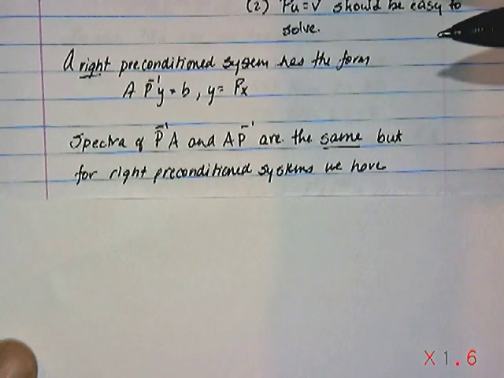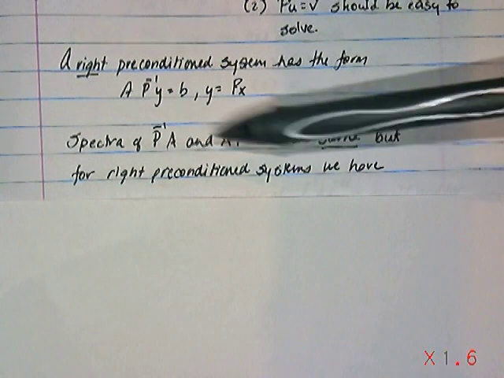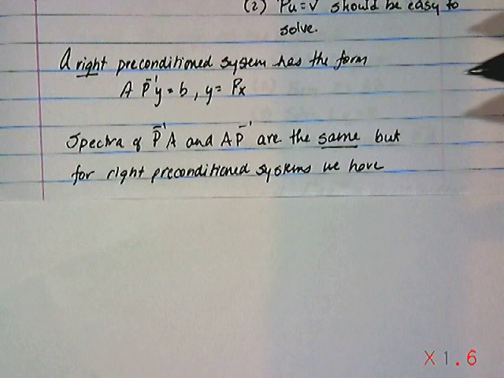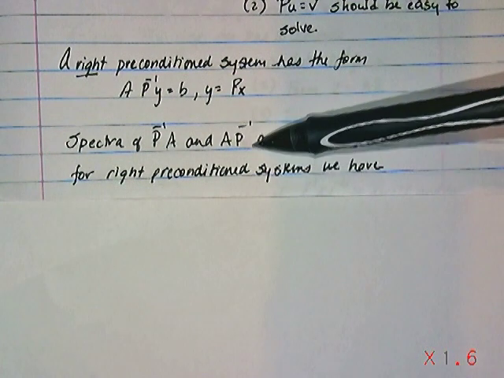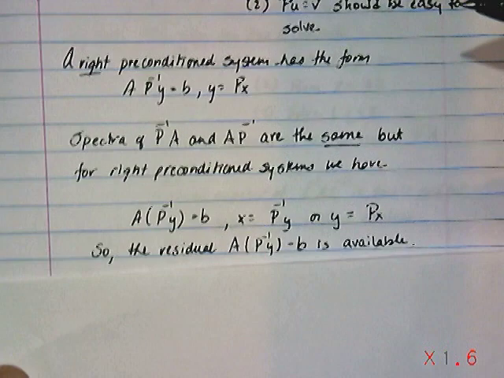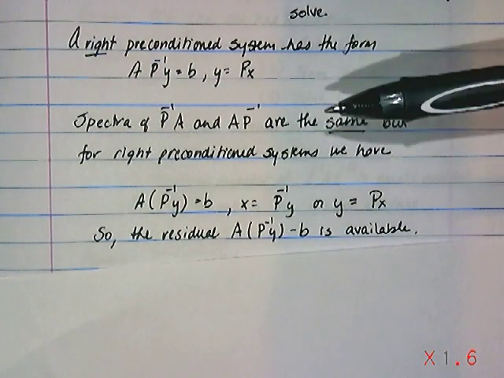Typically, the spectra of whether you precondition on the left or the right are the same, but there is sometimes a slight advantage for preconditioning on the right, and that is you would still be able to estimate the residual of the original system pretty well.